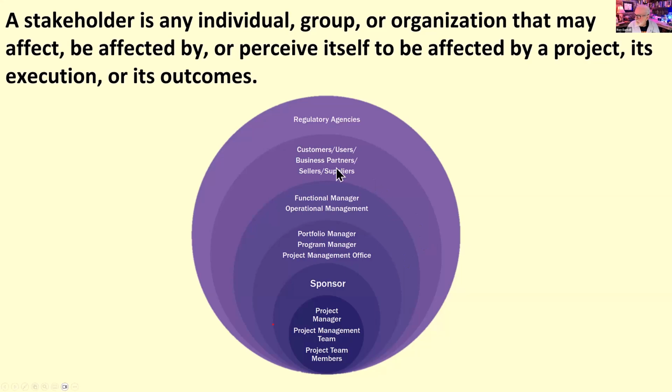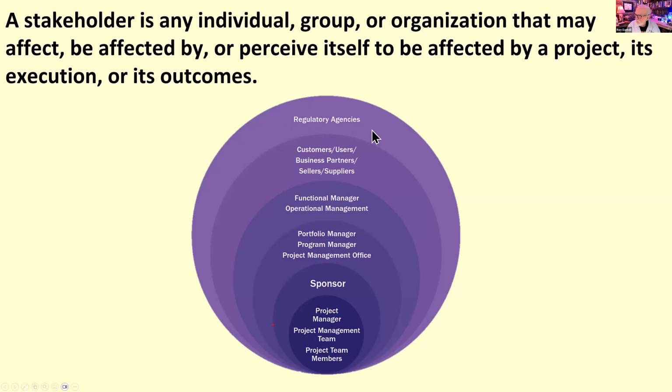The modern way of this onion has customers out here. The more modern approach would have customers maybe right down in here somewhere. But the idea is that you could take something to the market, and they could just not adopt it. If you fail to identify who your main beneficiary is, that could be a detriment to the project's success.